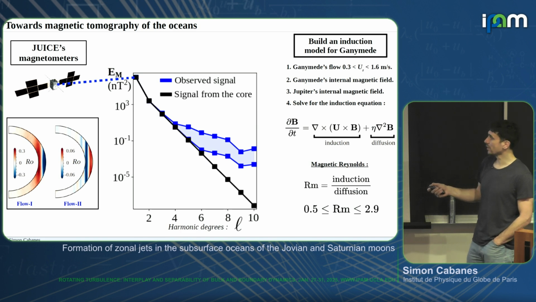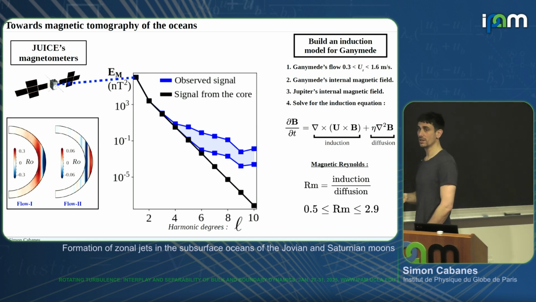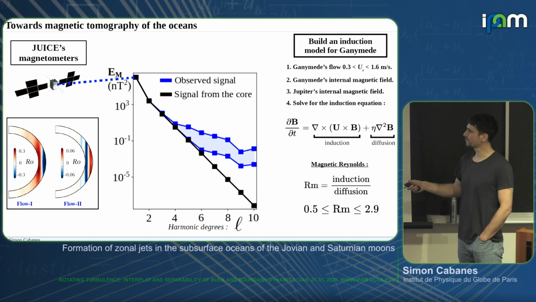So I have a range of magnetic signal that I can consider here. The other thing I can do is to report what is the magnetic signal which is coming from the inner core. So basically, the gap between the two here corresponds to the magnetic production from the oceanic circulation. So there is a magnetic rebound here that can be attributed without ambiguity to the oceanic circulation. But what we want to know now is the detection threshold of the magnetometers.